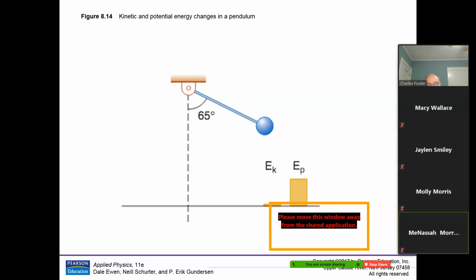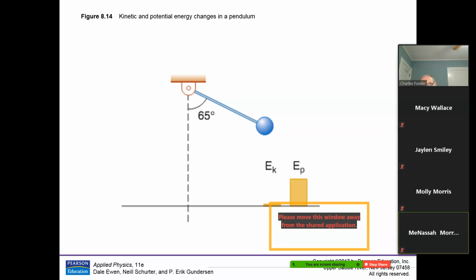Now, what they're trying to say here is you can have a pendulum. I don't know if you know what a pendulum is. Picture a grandfather clock or a grandmother clock, a clock that has one of those things that swings back and forth. That's the pendulum. This one looks like a wrecking ball, which it could be as well.